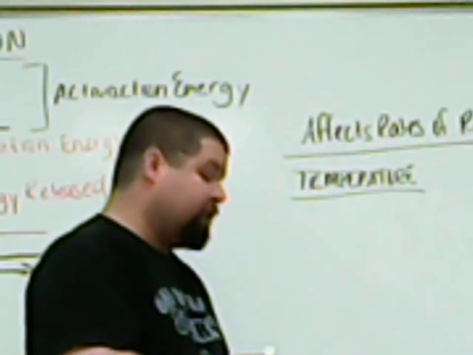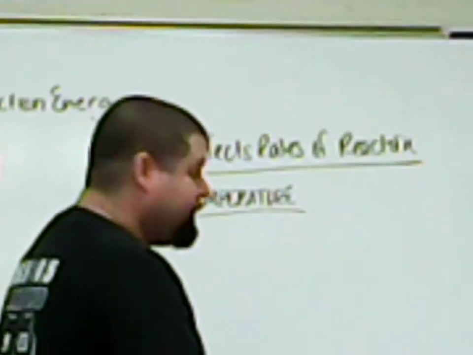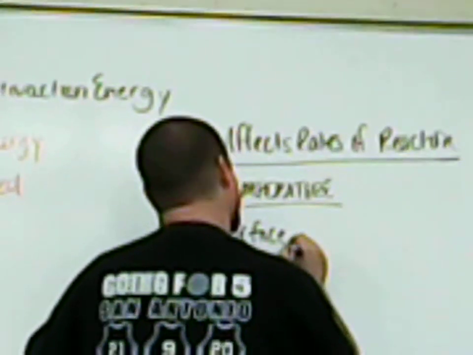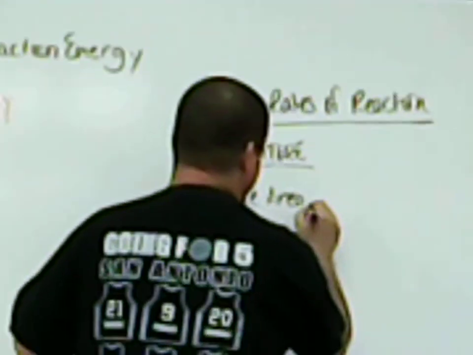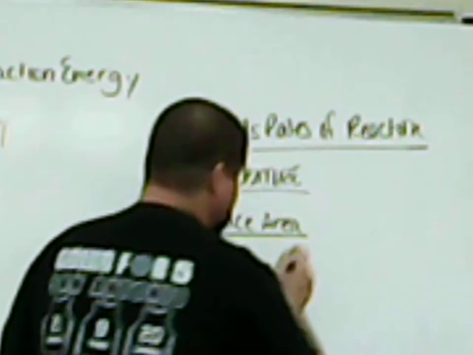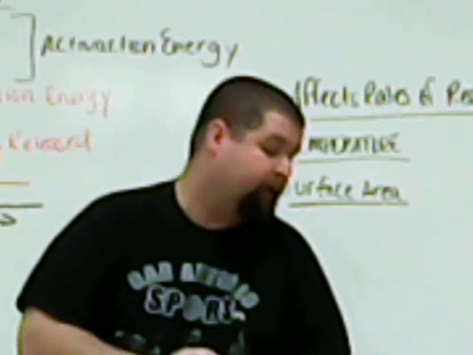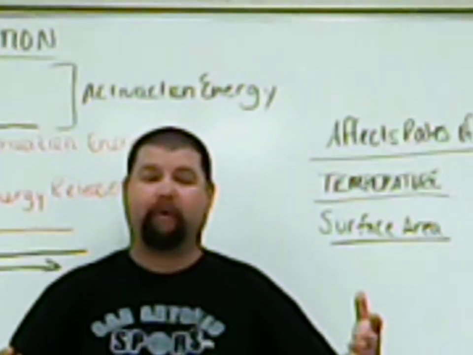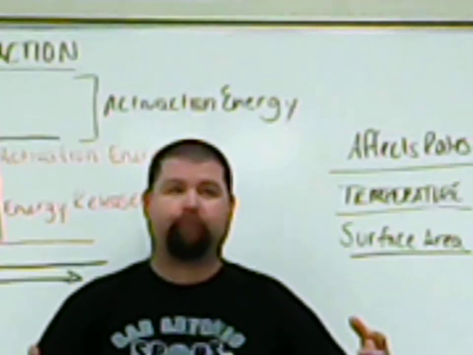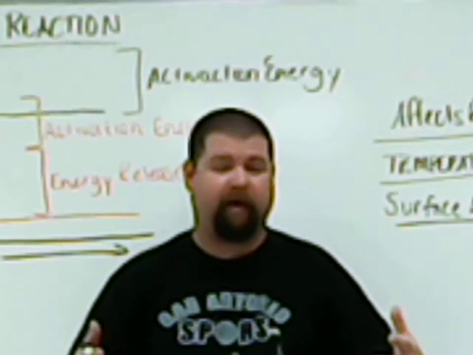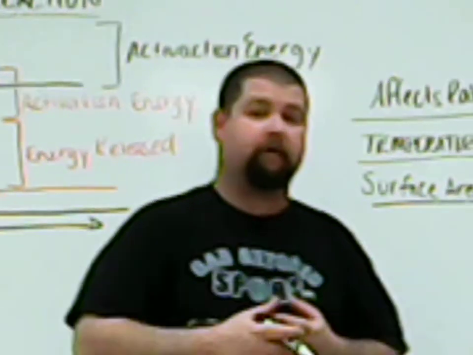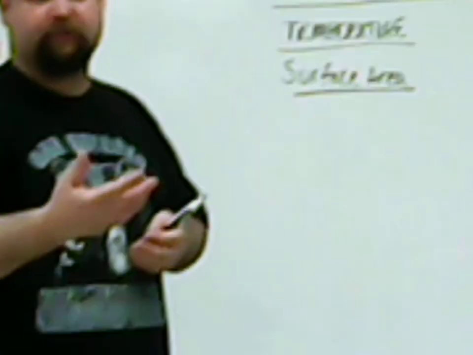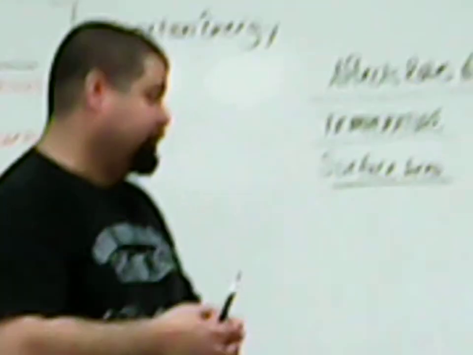The next one we're going to talk about is surface area. And surface area really is quite simple. Basically, the greater the surface area of the reactants, the more particles of that reactant are exposed to each other and to the energy. So the greater the surface area, the more exposure, the faster the reaction is going to occur.